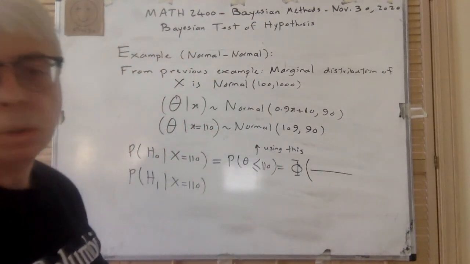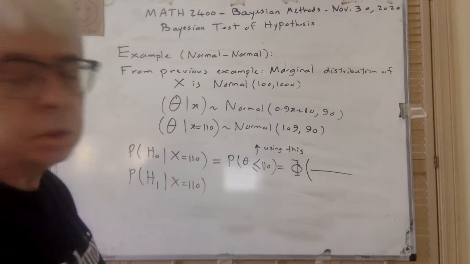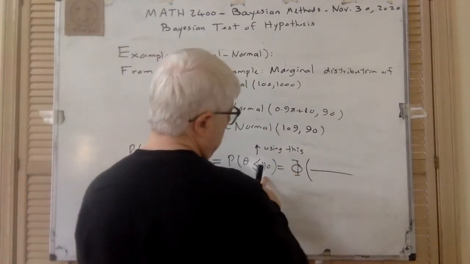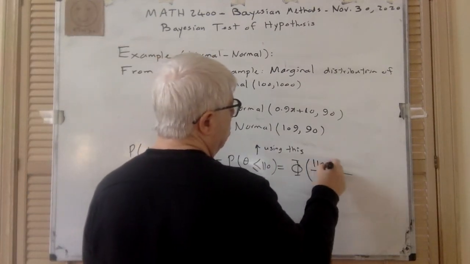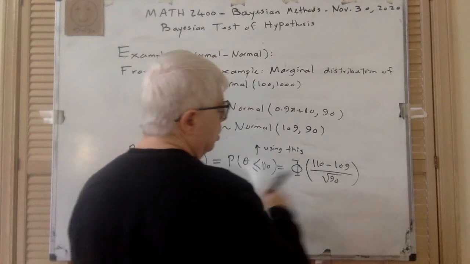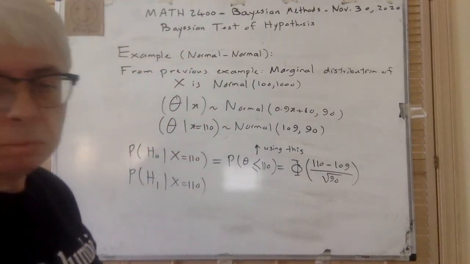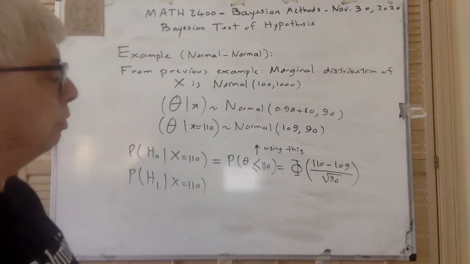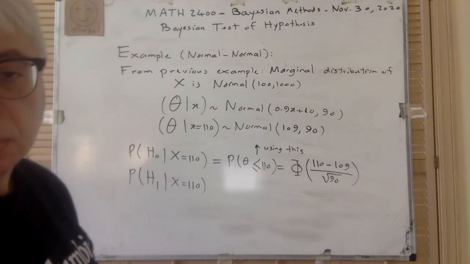Go back a few months. The z value is 110 minus mu 109, divided by the square root of 90. That's sigma, remember? I calculated that phi, and it is 0.5419.